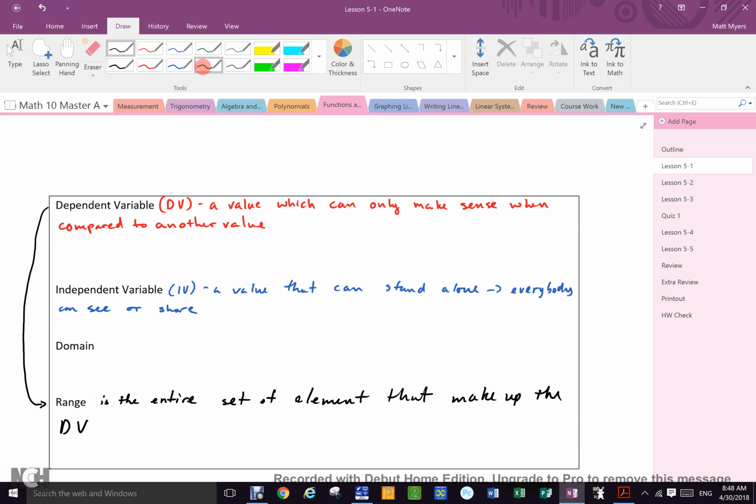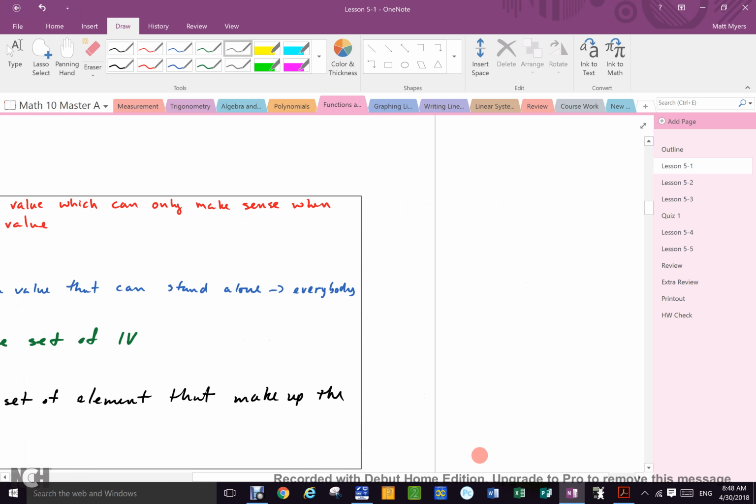Then obviously, the independent variable, or the domain, is the entire set of independent variables. Is everybody good? Yeah? All right.